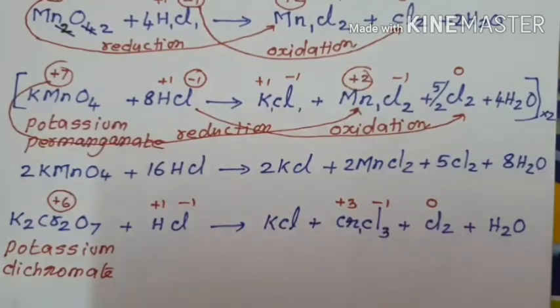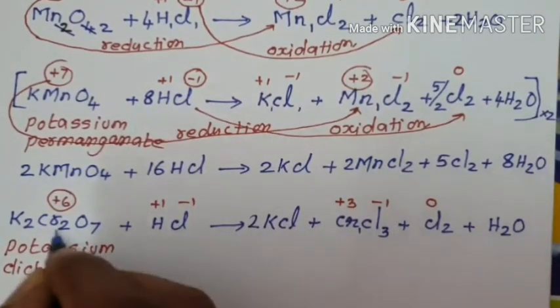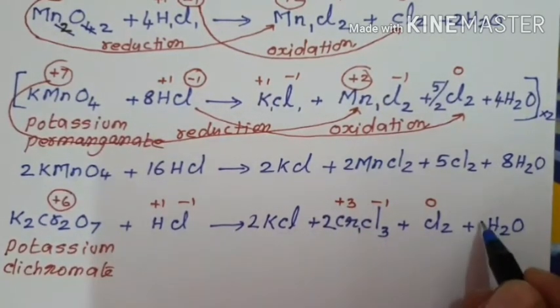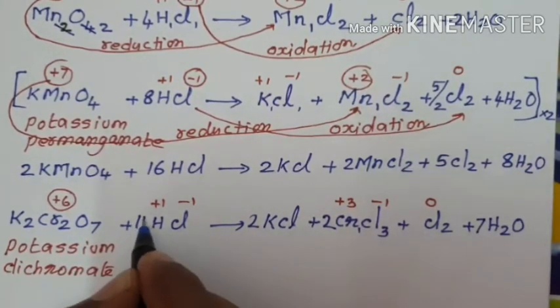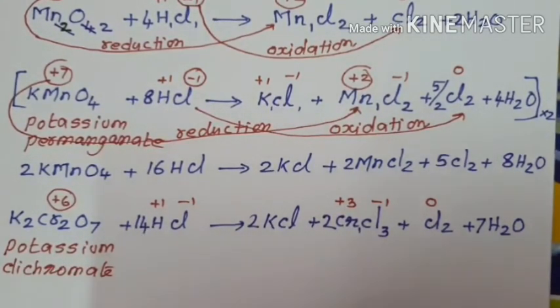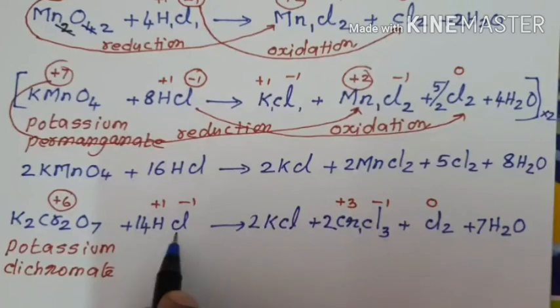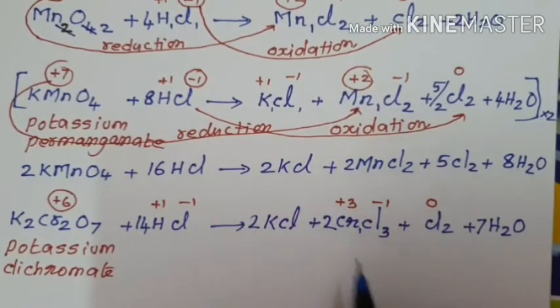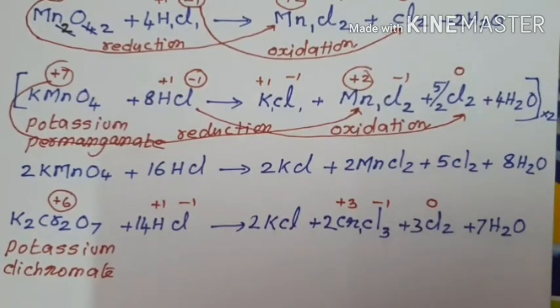So, how to balance this reaction? 2 potassium, 2 potassium, 2 chromium, 2 chromium, 7 oxygen, 7 oxygen, 14 hydrogen. Finally, balance the number of chlorine atoms. On the left hand side we have 14 chlorine atoms. 2 plus 6 equals 8, so remaining we want 6. 3 into 2 are 6 chlorine atoms.